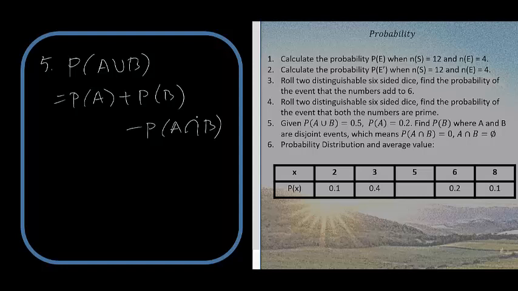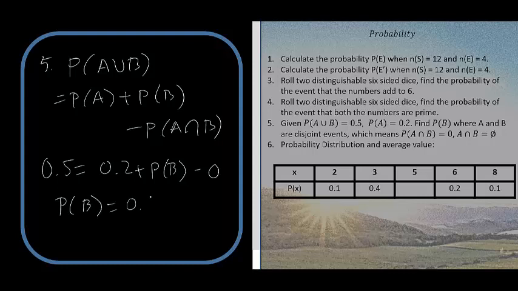Now, if you plug in all the values, the probability of A union B is 0.5. The probability of A is given as 0.2. And you have the probability of B, and the intersection has 0 elements. So then the probability of B will be 0.5 minus 0.2, which is 0.3. So we are done for number 5.